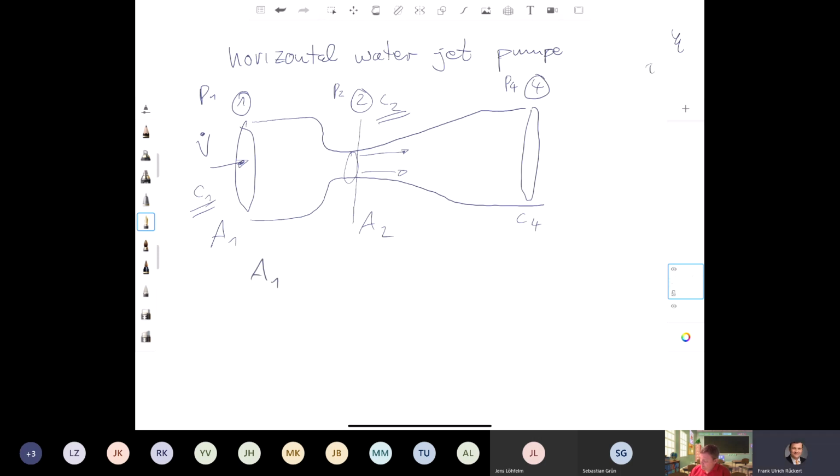A1 is bigger than A2, and because of this, C1 is smaller than C2. That's logical somehow. But what will happen to the pressure?